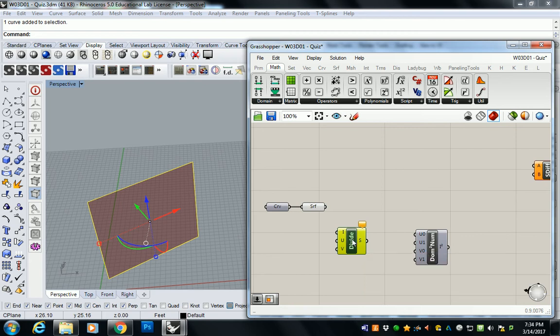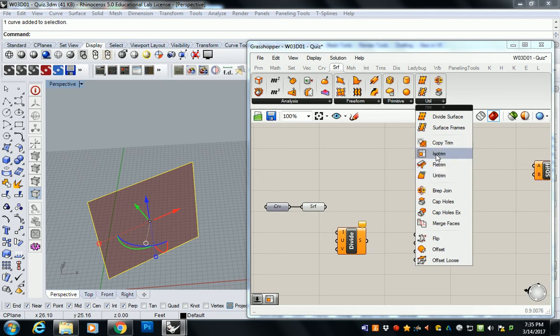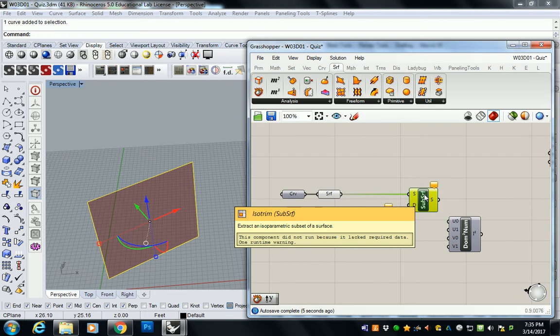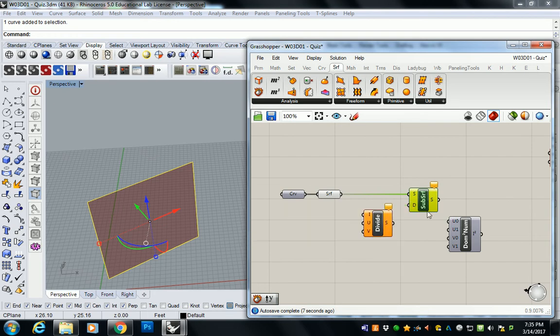So that may have confused you because it's sort of two different domain functions that you need to pair up together. So first off, we need surface utility isotrim, and this is that holy trinity of these components here, right? It's surface, and then the actual surface subdivision function. Then the divide function gets plugged in there, and the surface function gets plugged in here. That's a triangle, those three.